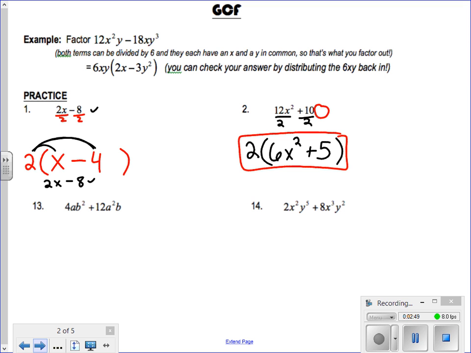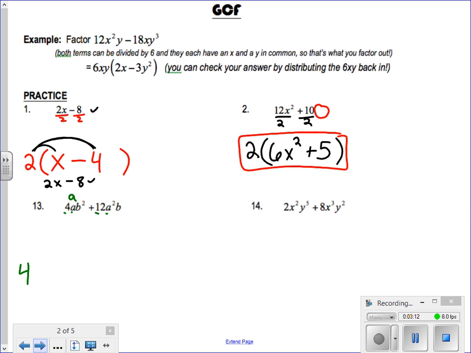When I look at 13, I have 4ab squared plus 12a squared b. In order to find the GCF for these more complicated looking problems, let's identify the GCF for the numbers first, 4 and 12. The greatest factor that goes into 4 and 12 is 4. Now both of these terms also have an a.